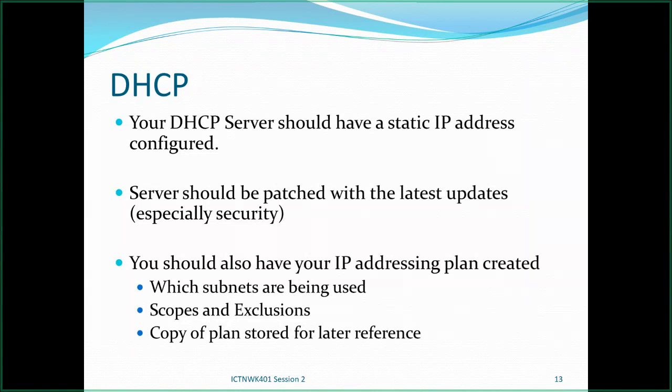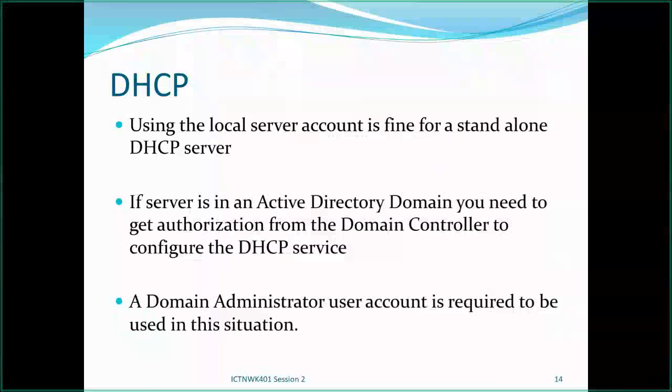The exclusions are the static addresses that you've already assigned to devices within that pool range. And with every planning document, you should keep a copy of it stored somewhere so you can refer back to it when you come back to do maintenance or updates or anything else that you need to work on.